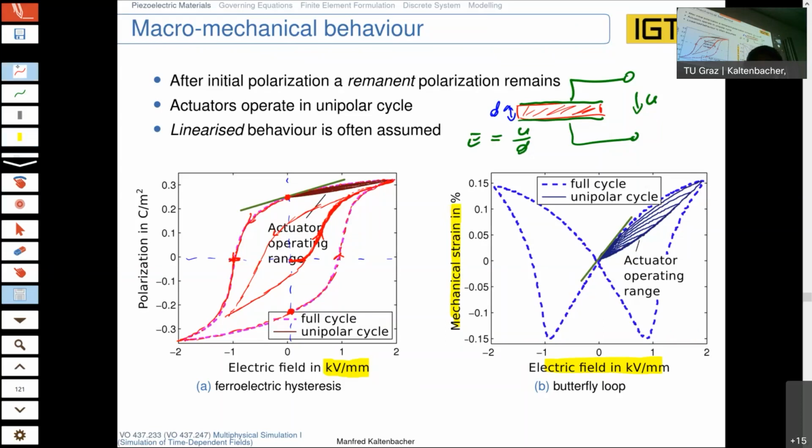When we start here and apply a field, as you see, for quite some electric field nothing happens, and then perhaps it really goes up like this curve here, and when you reduce it, you come back.